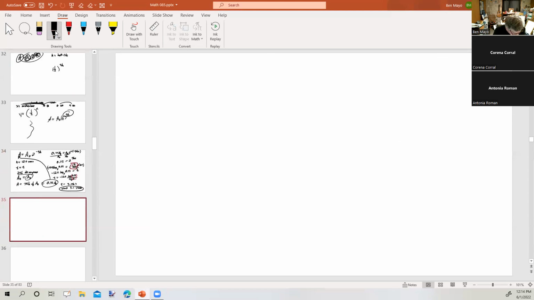Next question says radioactive decay. In 2 years, 20% of a radioactive element decays. Find its half-life. So we're going to use this formula. Okay. We know the time is 2 years. We know that 20% decays.